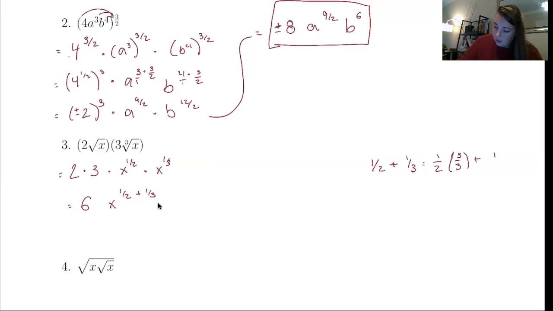And to get 1/3 to have a denominator of 6, I'm going to multiply it by a fancy one, which looks like 2 divided by 2. All right. And then I'm going to have 3/6 plus 2/6. You can clearly see that this is still 1/2 and that's still 1/3. I've just beefed them up a little bit so that I can move them together. And then this is just going to be 5/6. So then I can come over here and say that this is 6x to the 5/6.